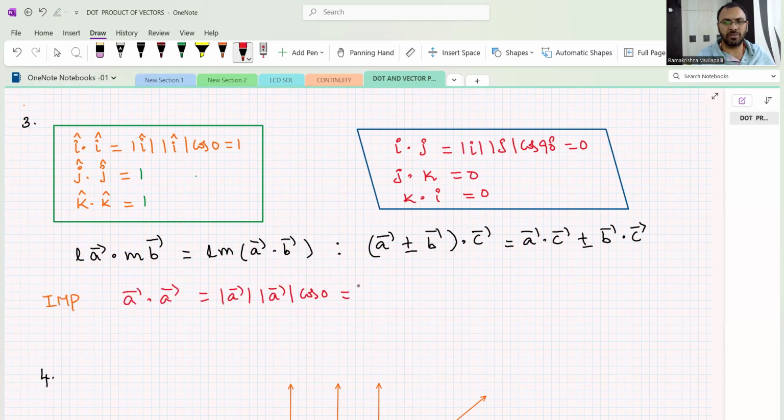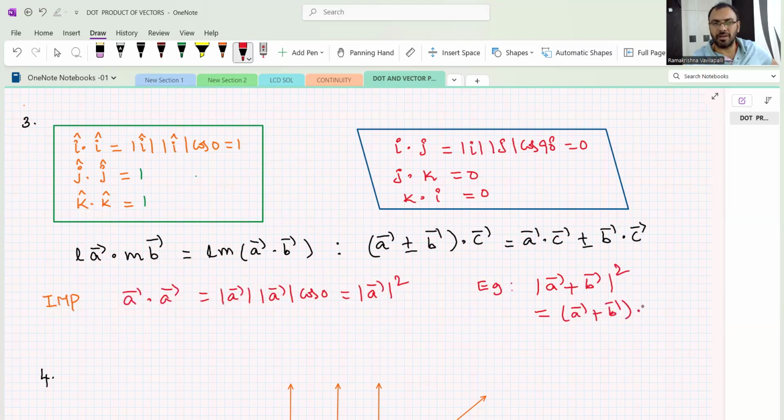So this is equal to mod A square. So remember, whenever you see mod A square, we write A bar dot A bar. For example, if somewhere you see modulus of A bar plus B bar whole square, then how do we represent it? We write A bar plus B bar dot A bar plus B bar.